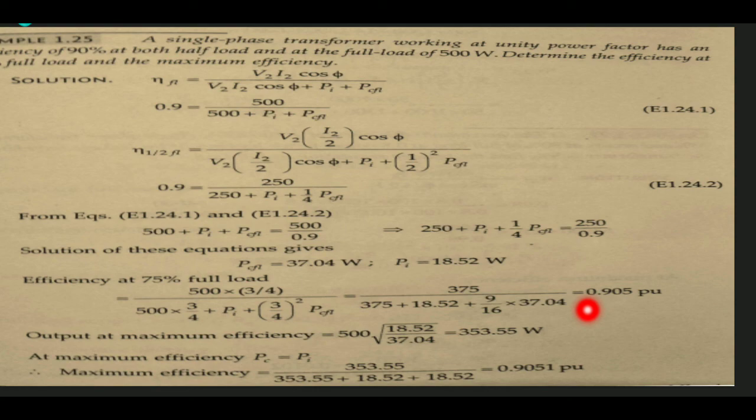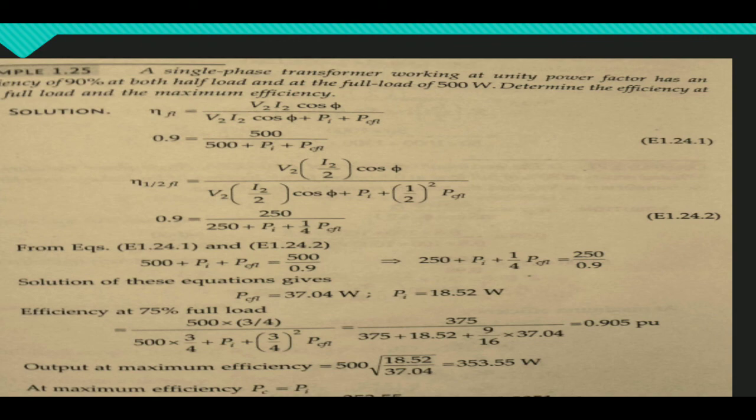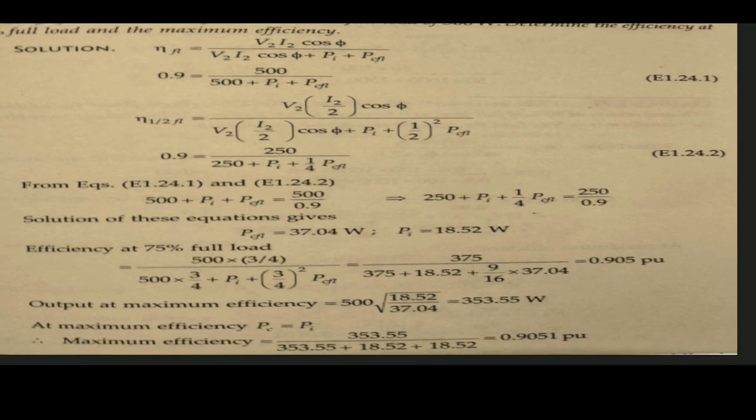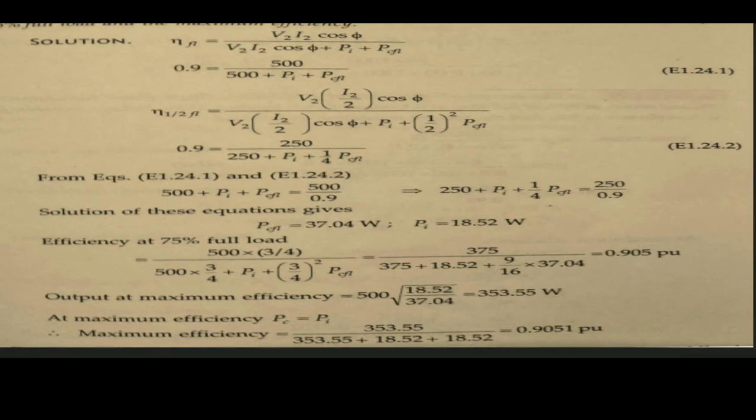So now the output at maximum efficiency. The output at maximum efficiency equals the total power output into root over Pi by PCFL, that is 500 into root over 18.52 by 37.04, which equals 353.55 watt.